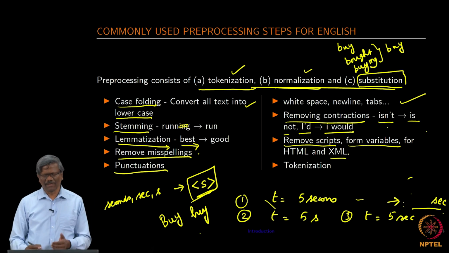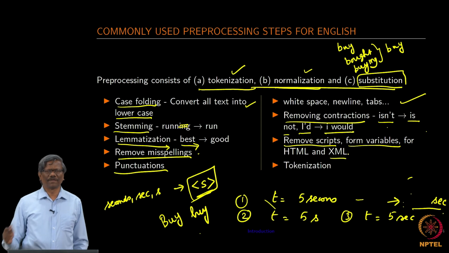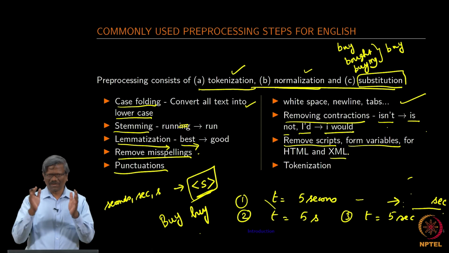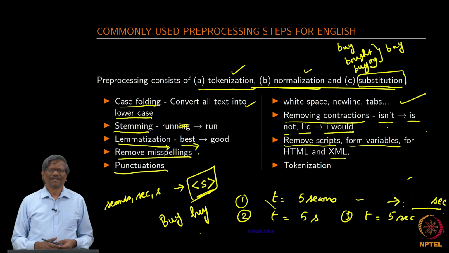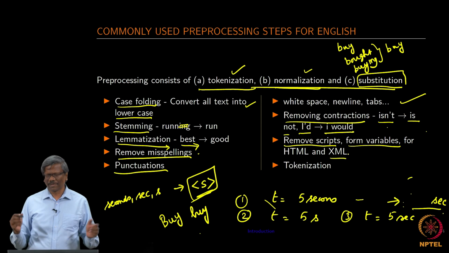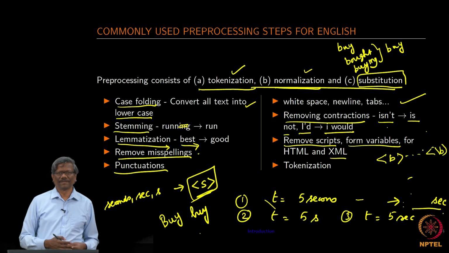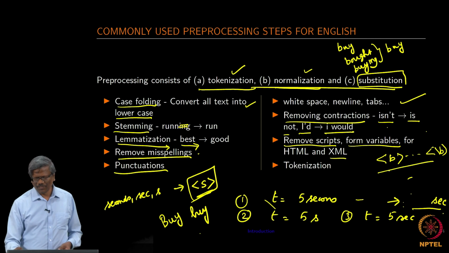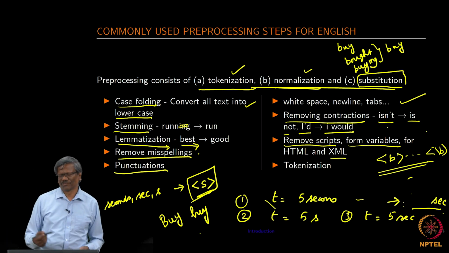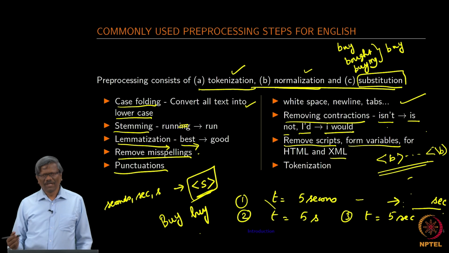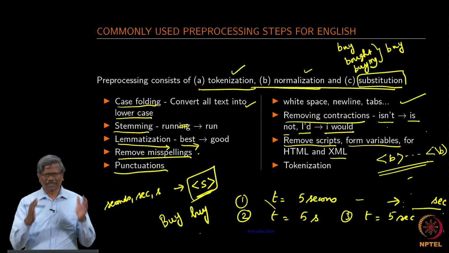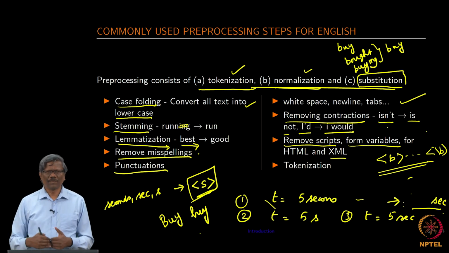So, I do not need any of those tags to be present as part of the content, because for me the content is important, not just the tags. In some cases, the tags provide you high level information. For example, if you have the bold tag and then some content, it could be the title. So, you want to retain that in certain cases. So, you want to be very sure about what you want from the content and then write your pre-processing step.